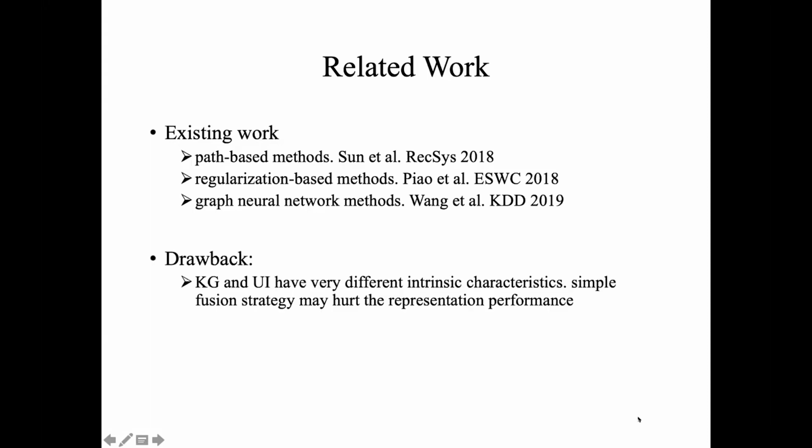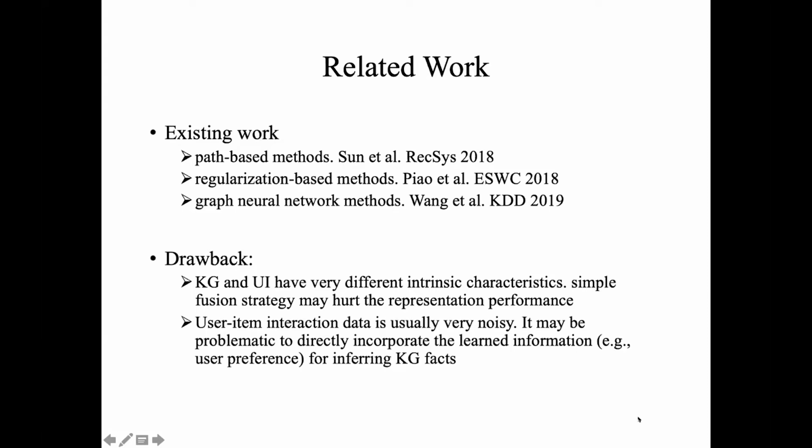However, the two kinds of data sources have very different intrinsic characteristics, and it is likely to hurt the original representation performance using a simple fusion strategy. In addition, user item interaction data is usually very noisy since user behaviors will be affected by external events or other influencing factors.